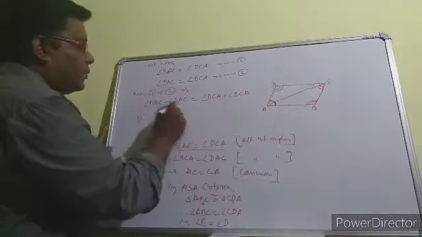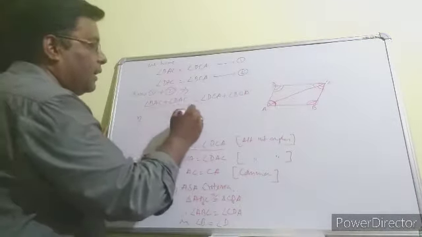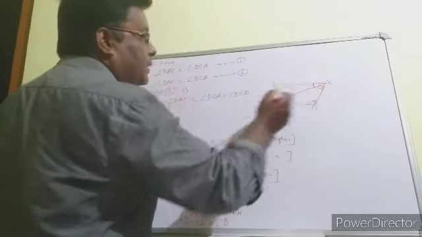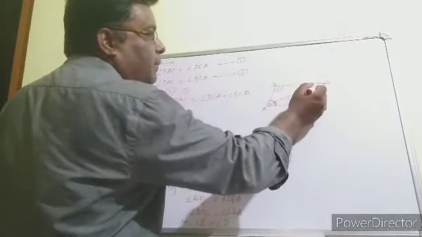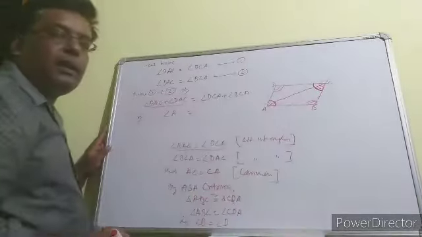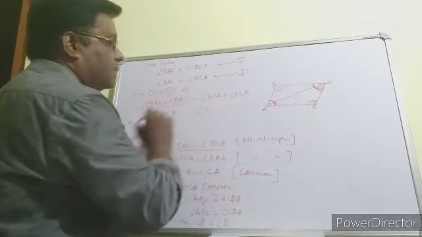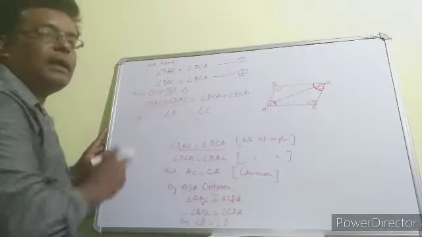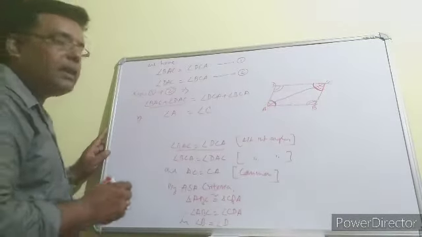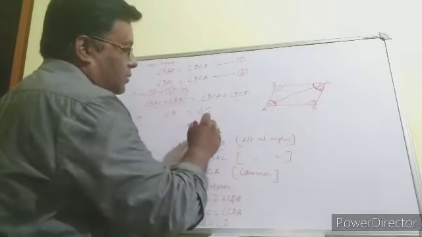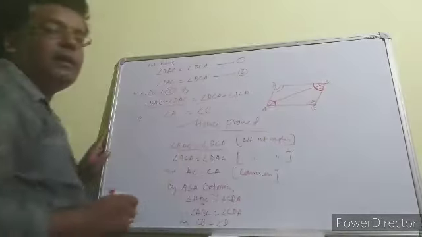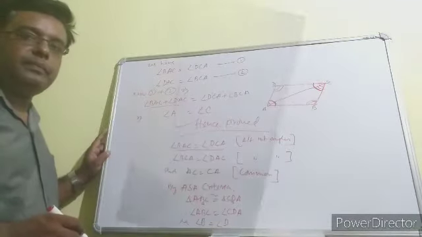If we add these, we get angle A. And DCA is this part, plus BCA this part, so we get the total angle C. That is, here we get angle B is equal to angle D, and here we get angle A equal to angle C. Hence, this is the proof of this theorem.